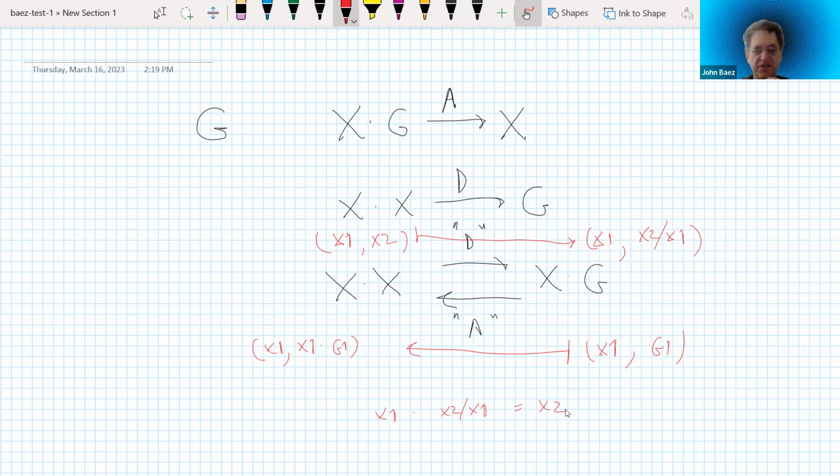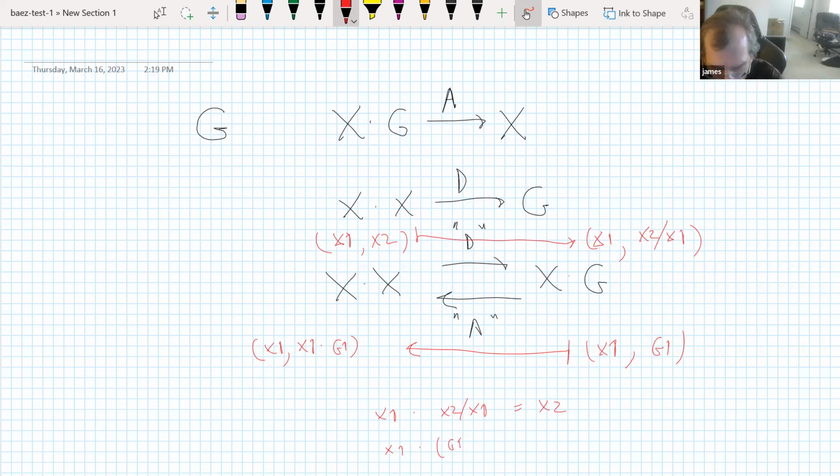Let's see the other direction. First I divided, then I multiplied. So the other direction is X1 times G1, whole quantity in parentheses.